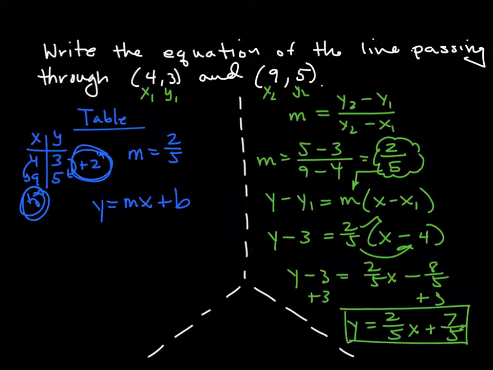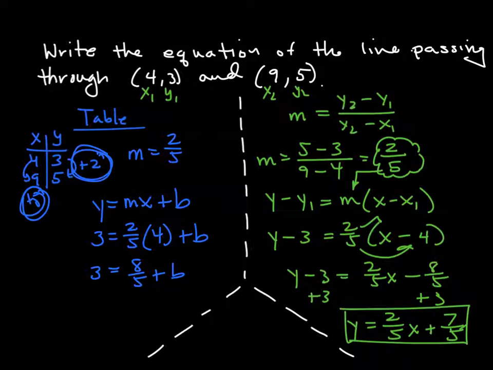So I'm going to use the coordinate pair 4, 3. So here we go. I will say substitution, my y is 3 equals 2/5 times x, which is 4, plus b. So at this point, I'm simply solving for the b that I don't know. So 2/5 times 4 gives me 8/5 plus b.